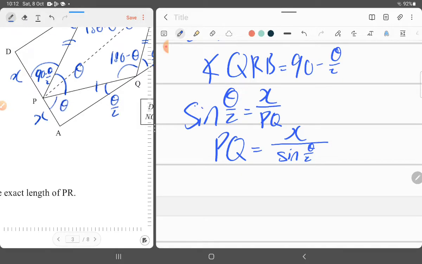So here is 90 take away theta. So here is theta.